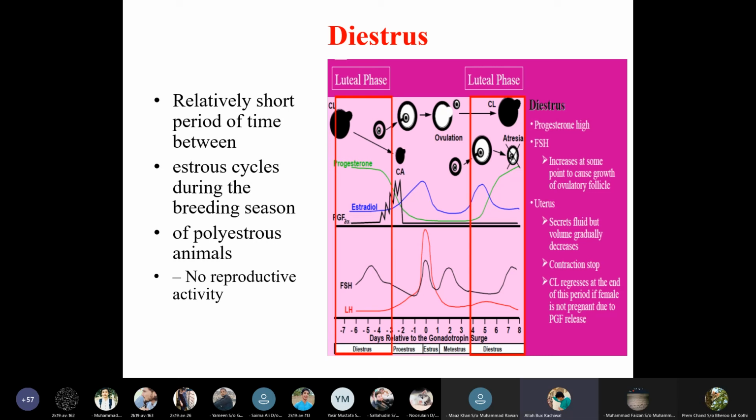The contraction stops, and the corpus luteum regresses at the end of the period. The female is not pregnant due to a follicular prostaglandin release.